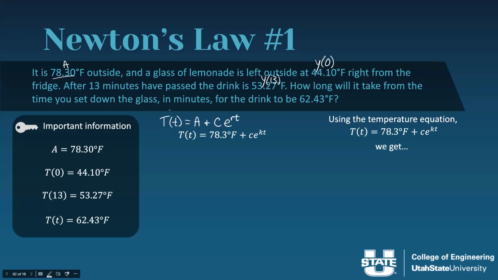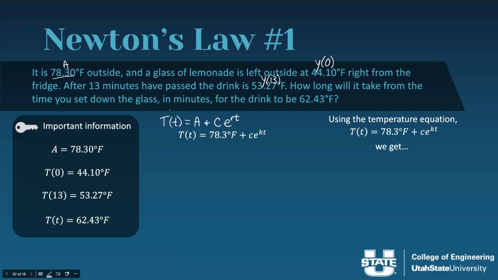So we can plug in 78.3 degrees as our ambient temperature. And then what we can do is use our initial conditions to solve for C, right? Because at t naught, our t goes away and our e becomes 1.